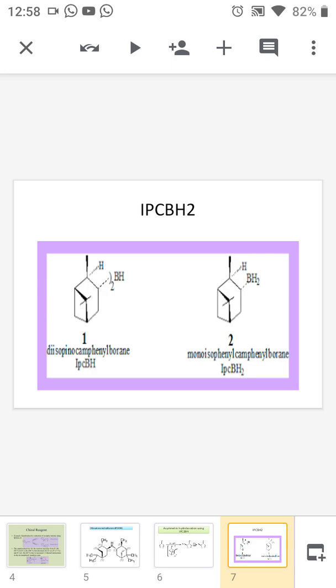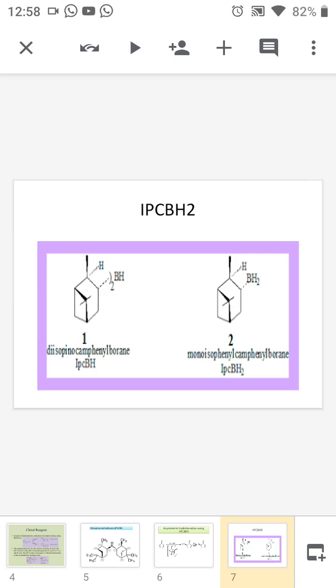As we discussed earlier, IPC2BH has only one hydrogen for the reduction, whereas in IPCBH2, from the monomer BH3, only one of the hydrogen atoms is substituted by the isopinocampheyl borane. So two hydrogens are available in IPCBH2 for the reduction. So two substrates can bind to IPCBH2 for the reduction.